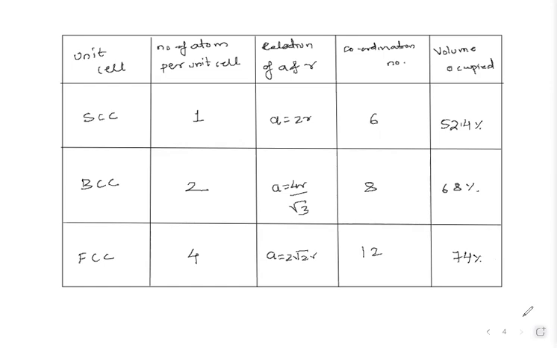So moving to the next, we'll start with the density of the crystal. How to calculate the density of the crystal? Density of the crystal is given by D or theta.